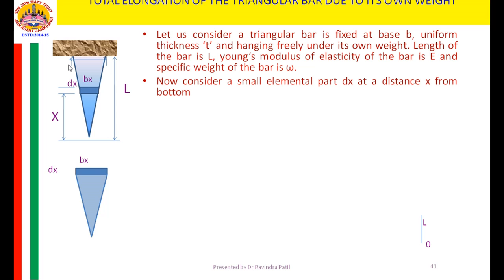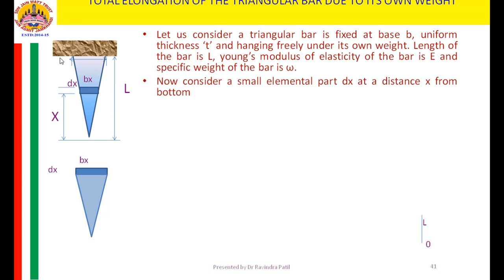Consider a small elemental part dx at a distance x from the bottom. We consider a small elemental part because we cannot consider the whole part in a single stretch, since at different levels the weight acting on that part is different.